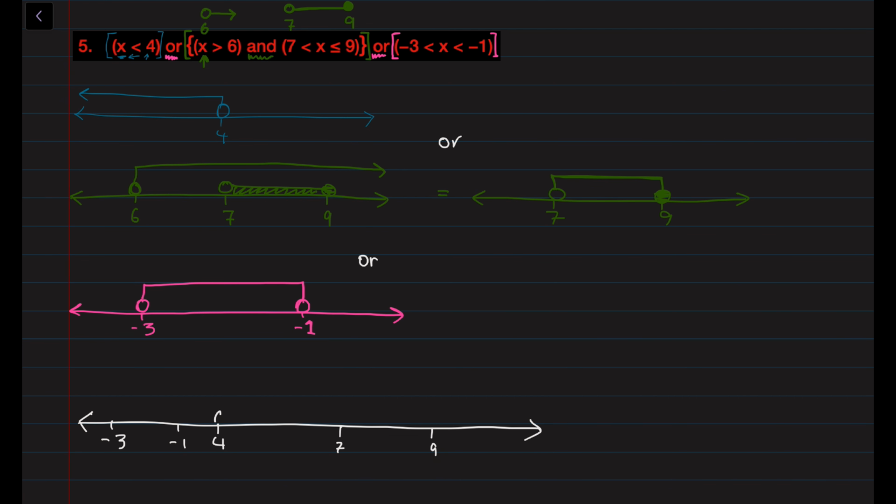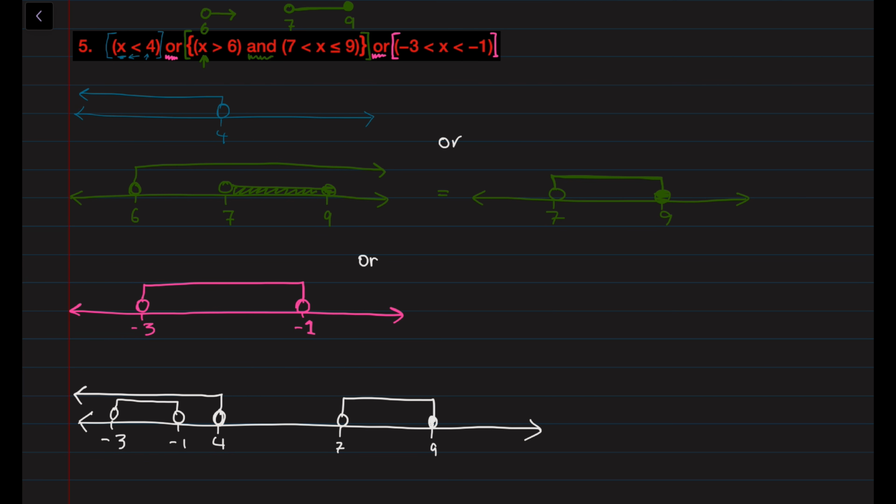We're looking for numbers that are less than 4 or that are from -3 to -1, or that are from 7 to 9, where 7 is excluded and 9 is included.